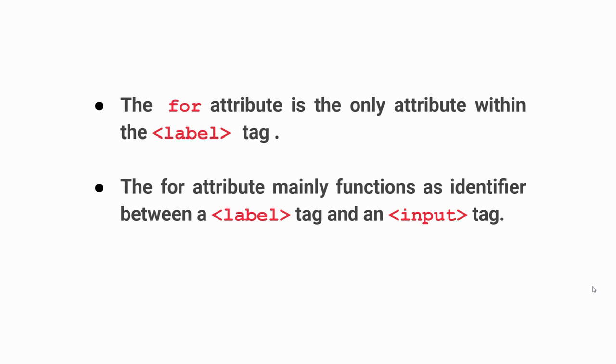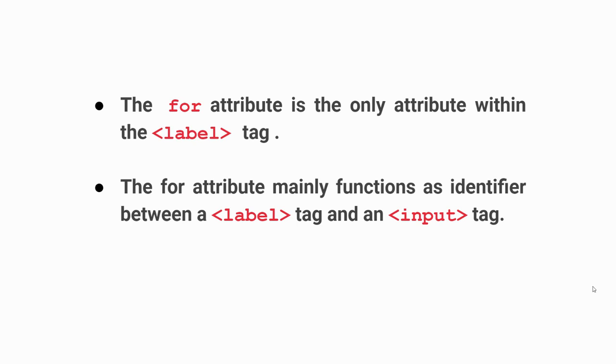So the for attribute is the only attribute within the label tag. The for attribute mainly functions as an identifier between a label tag and an input tag. I explained before why the label tag and the input tag are very important being together. No one of them can say they don't need the other. It would be so strange to visit a form on a web page or an app that would just have a label, probably first name, and then there is no box to fill your information into.